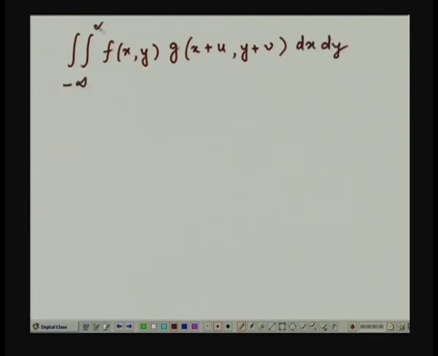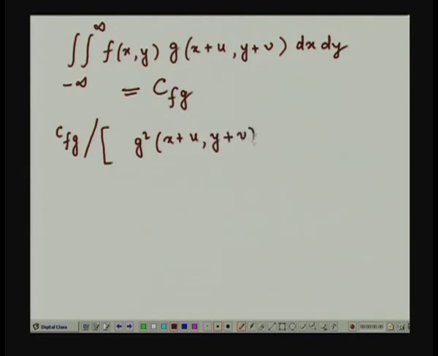If we call this cross correlation measure, the integral of f x y g x plus u, y plus v dx dy from minus infinity to infinity, as the cross correlation CFG, then the normalized cross correlation will be given by CFG divided by the square root of the double integral over the region A of g square x plus u, y plus v dx dy.